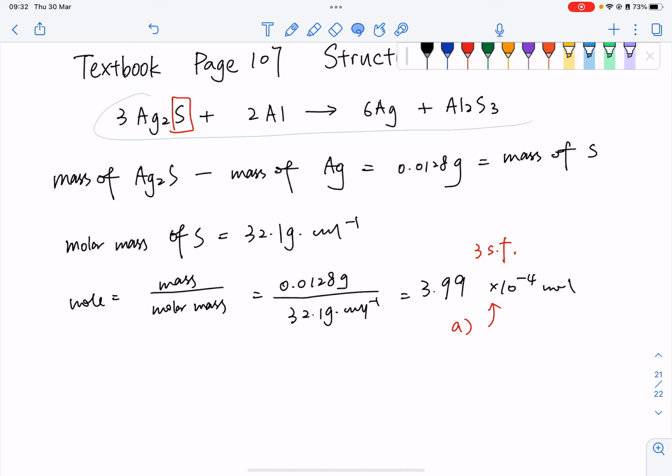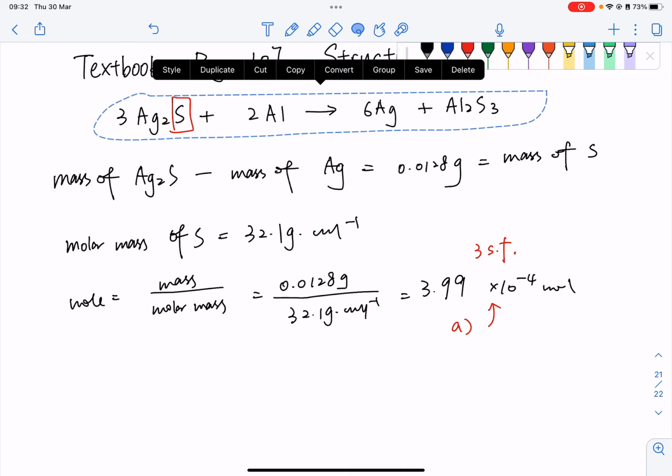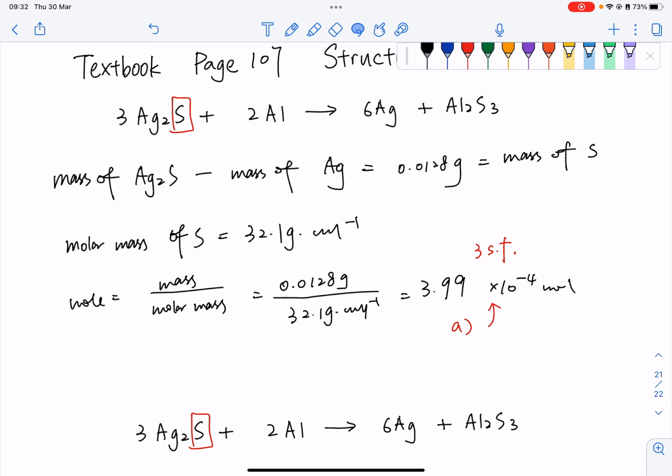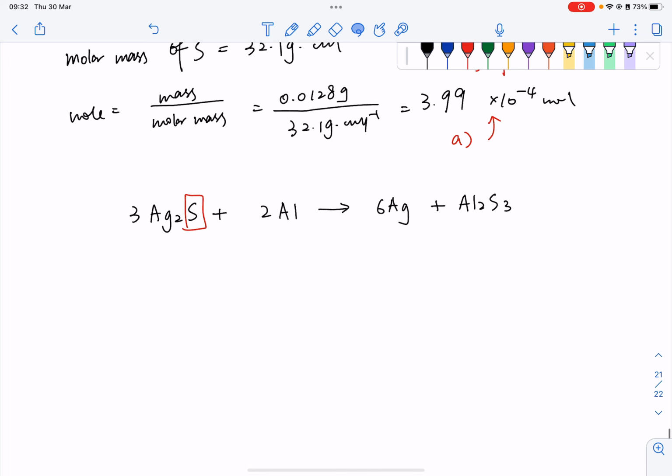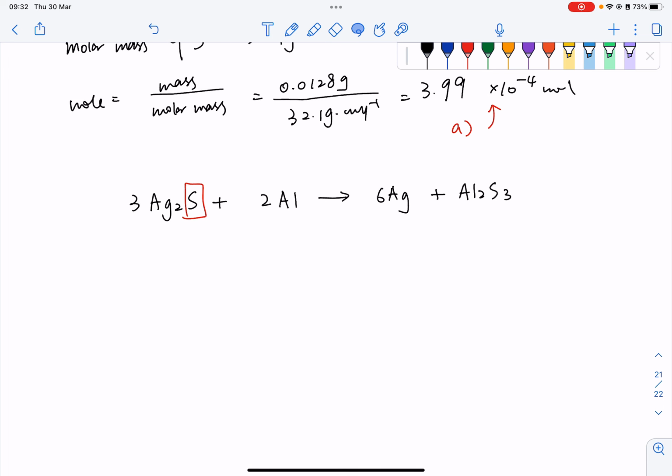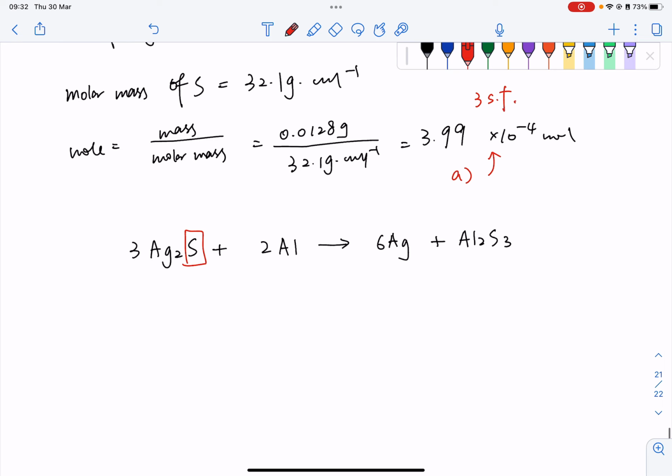Alright, so let me copy the balanced equation here. Now if we know the mole of sulfur, let me write here, the mole of sulfur is 3.99 times 10 to the power negative 4, right?